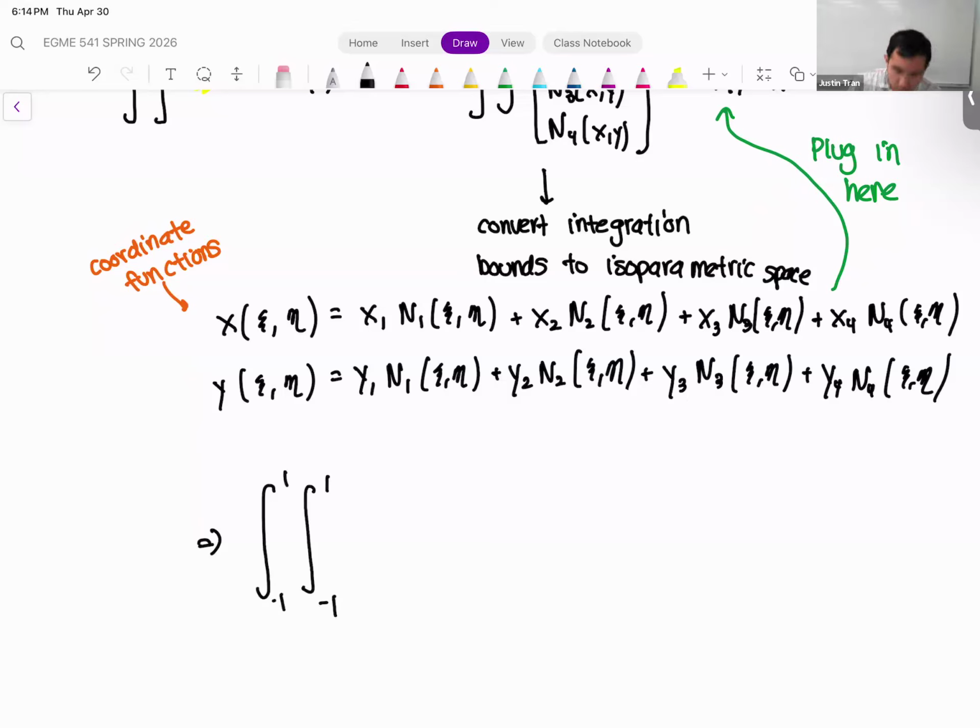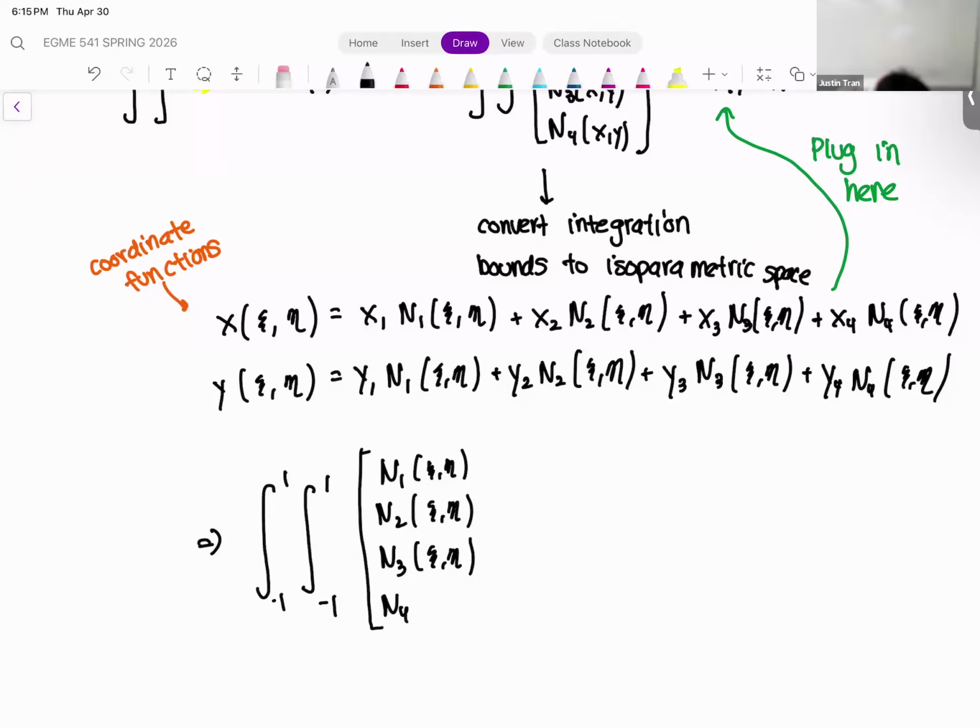So after converting all of those, we have integral from -1 to 1, integral from -1 to 1. That's our Gauss bounds. Then we have our 4 shape functions as functions of epsilon and eta. Remember, we know these. These are known functions that we've already computed because we know what our element looks like.